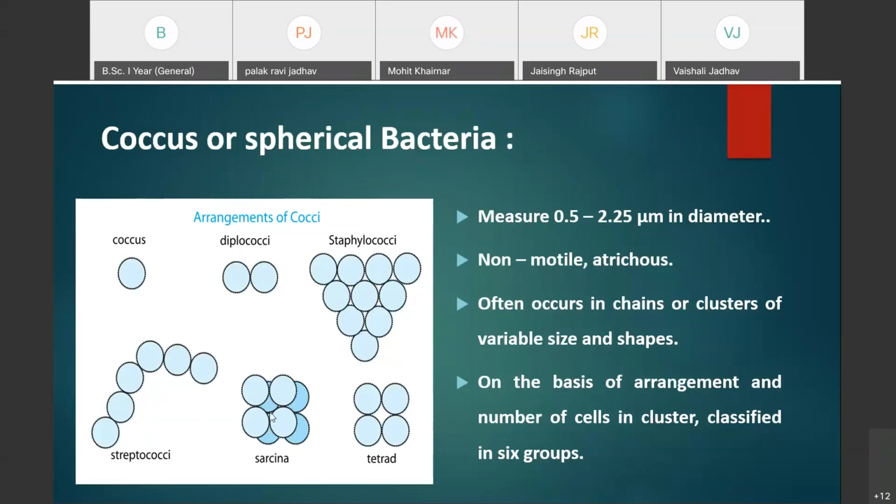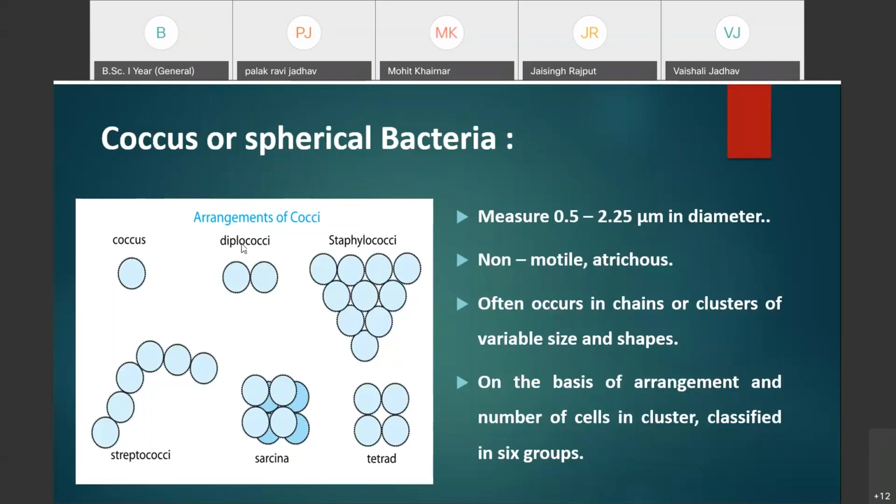These are the different types of spherical or coccus bacteria. Micrococci occur singly. Diplococci occur in pairs.